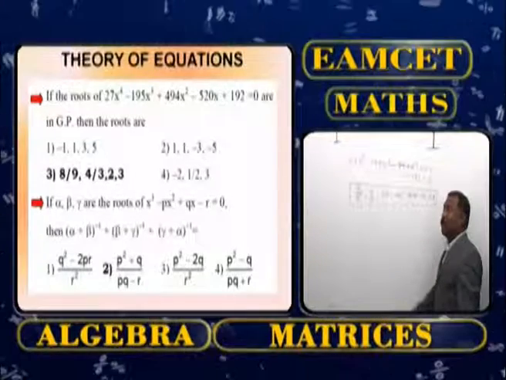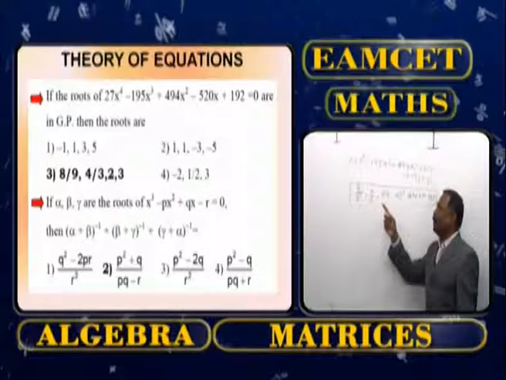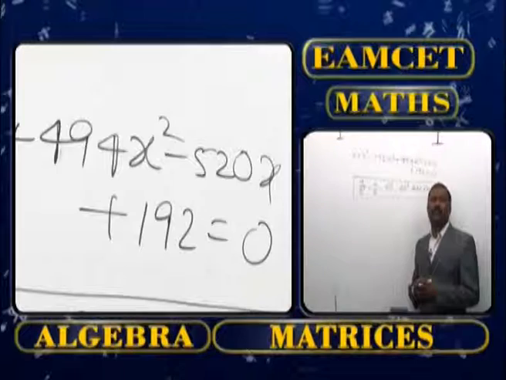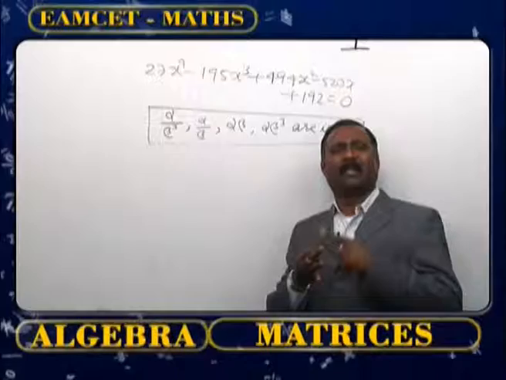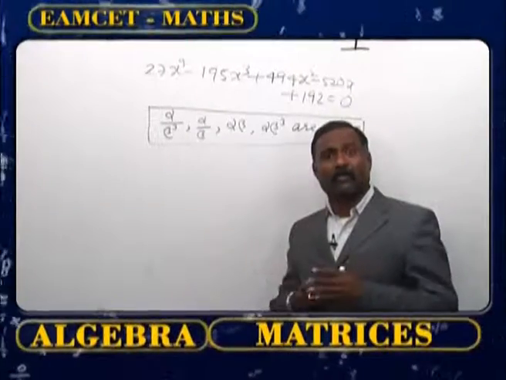And it is given that the roots are in GP. So if you want to take the roots particularly, then you have to take it as alpha, beta, gamma, delta. You must take 4 roots. And you have to apply the condition for GP and all.